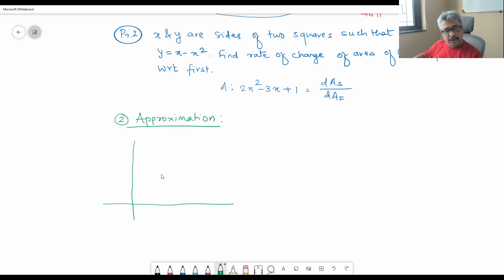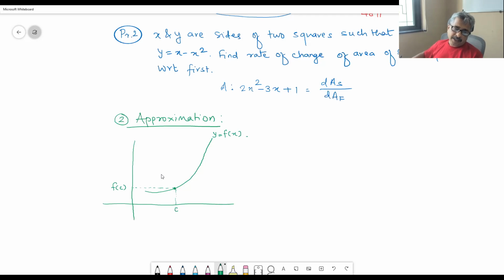So if I want to approximate, suppose I have a curve. How should I take it? I should take it like this. And I have a point here. Okay, let us call this point as C. Then this value will be f of C. This is y is equal to f of x.